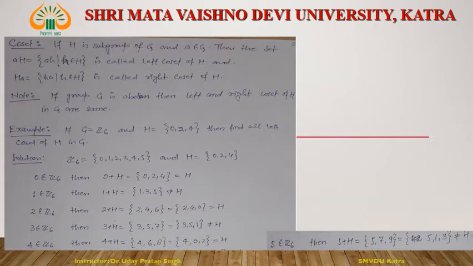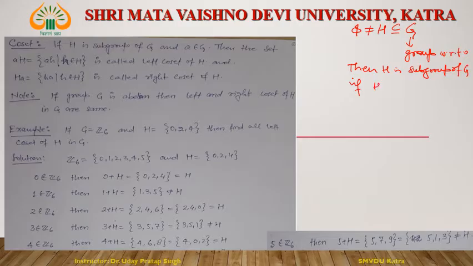A non-empty set H, H is a subset of G, where G is a group with respect to this operation. Then H is a subgroup of G if H, with respect to this operation, is itself a group.